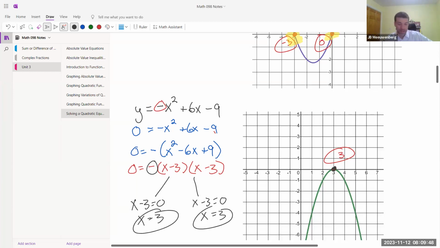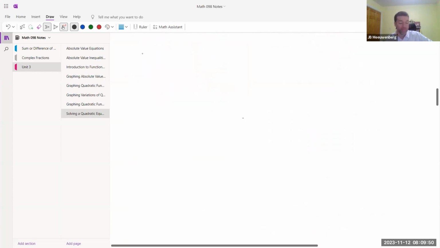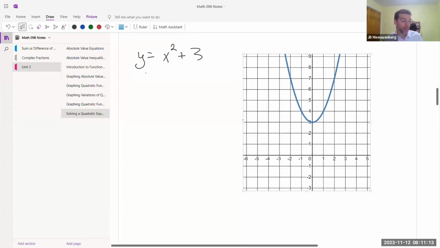Let's do one more. And this one is, let's do y is equal to x squared plus 3. So let's go ahead and do the same thing, see if we can graph it, see if we can find its zeros. So again, I went and graphed this, and you can see it right there.